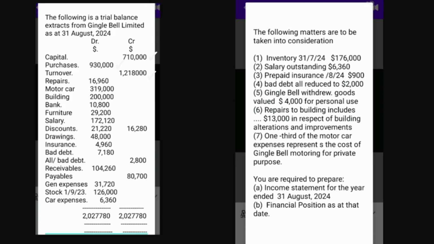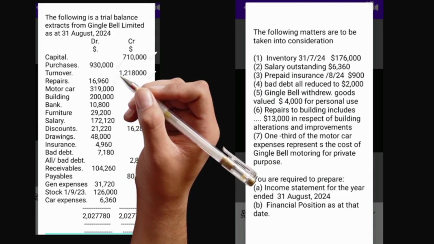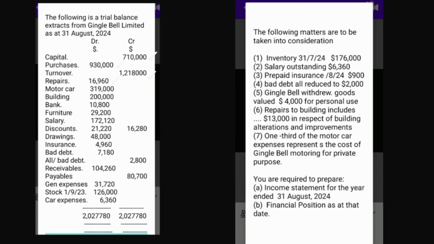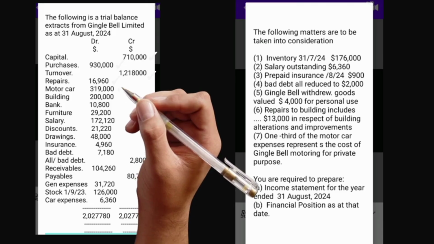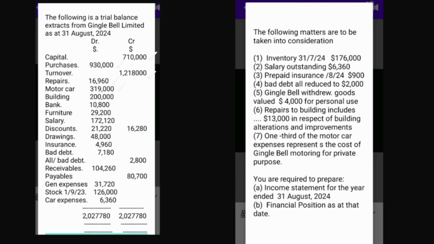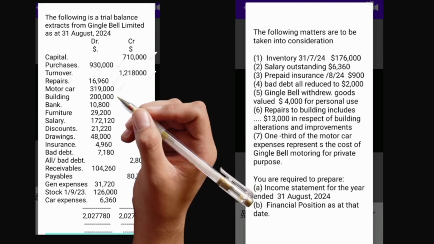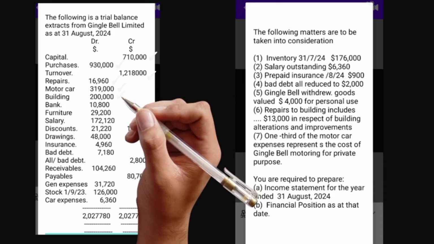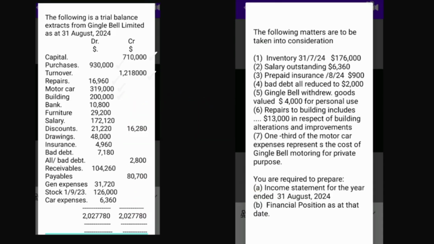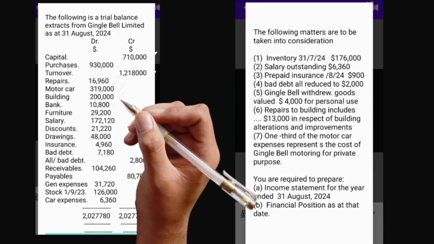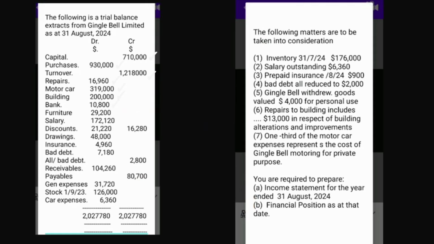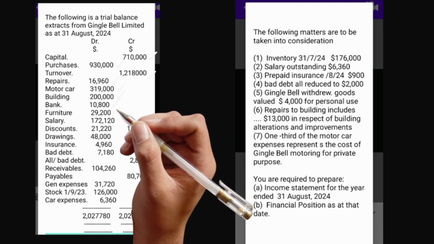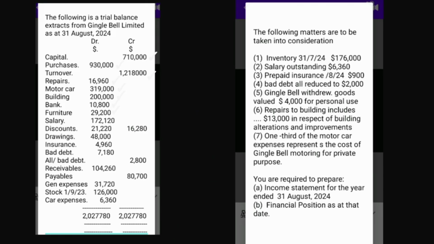The following is the trial balance extracted from Gingle Bell Limited as at 31st August 2024. Capital is 710,000. Purchases is 930,000. Turnover is 1,001,218. Then repairs is 16,960.